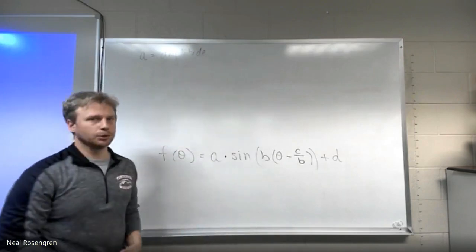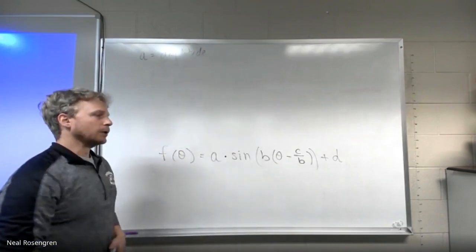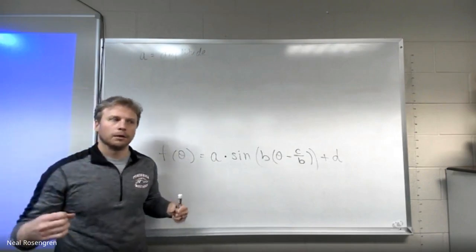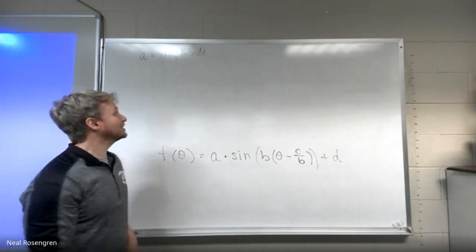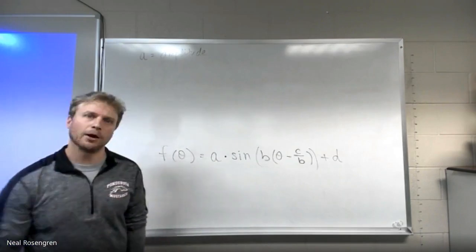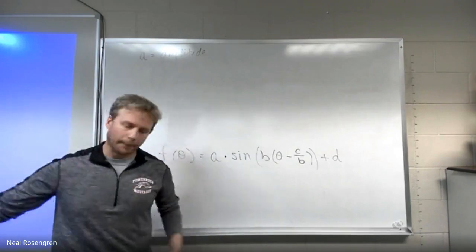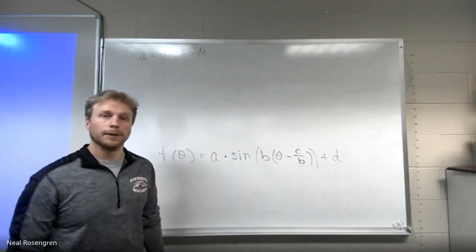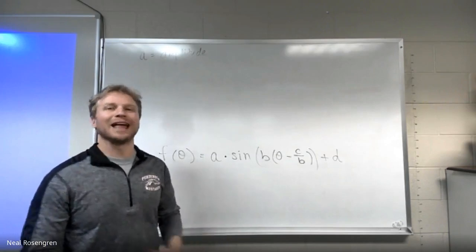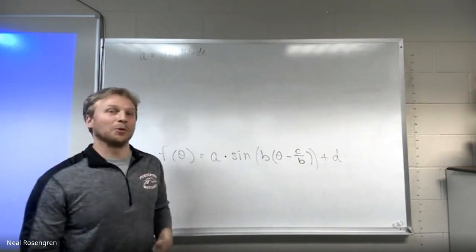A-M-P-L-I-T-U-D-E, the amplitude. When you think about that word, maybe some of us who are more musically inclined might see the word amp in there and think amplifier, like plugging an electric guitar into an amplifier and adjusting the volume. You're changing how loud the sound is.